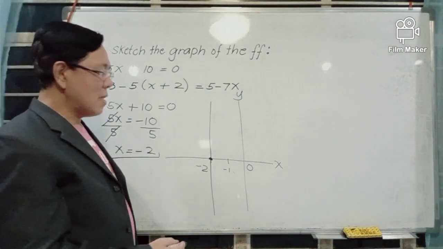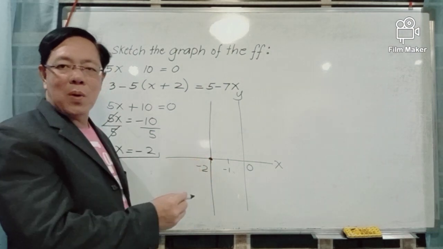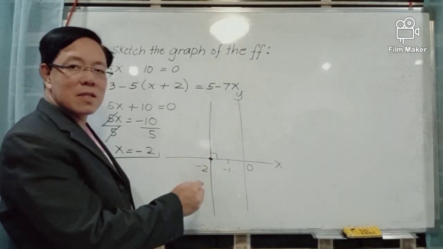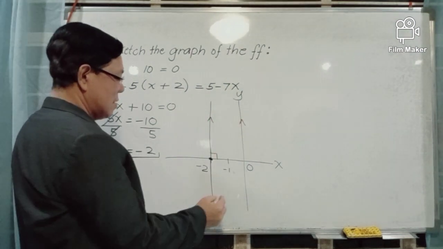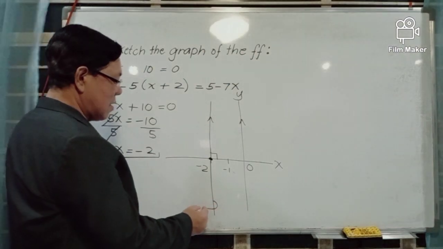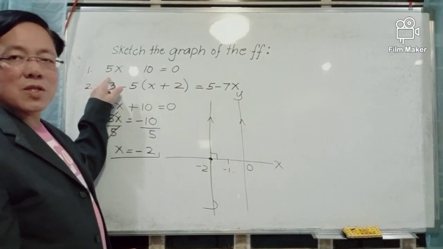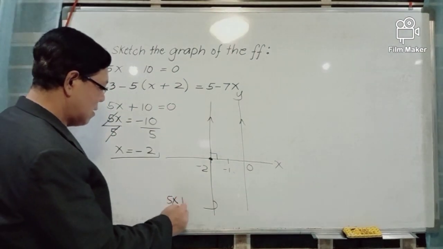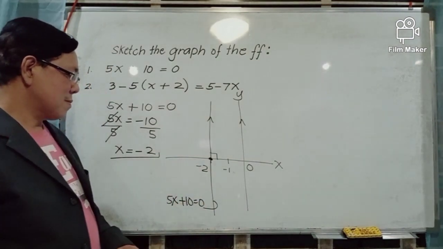Construct a vertical line passing through this point x equals -2, perpendicular with the x-axis and parallel with the y-axis. And this is the graph of the linear equation 5x plus 10 equals 0.